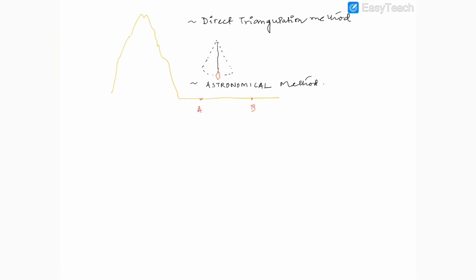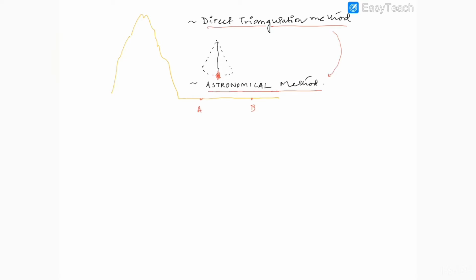Listen carefully. The first method was named the direct triangulation method, a simple pen and paper mathematical method. To cross-verify this result, they were using another method known as the astronomical method, in which they used a plumb line or plumb bob.